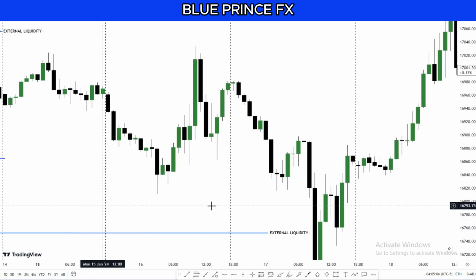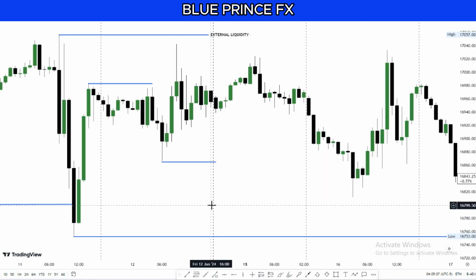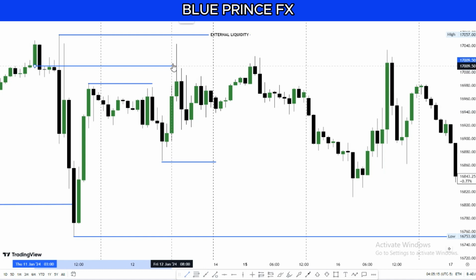And now for the other thing, how do we use them as our target? If you enter here at this order block, this order block, and this order block, and you take up, because our bias tells us that the market is going to go down and attack this sell side external liquidity, you take your position here. Where is your target? You must target the liquidity that is found inside of this range, whether the internal liquidity or the external liquidity.